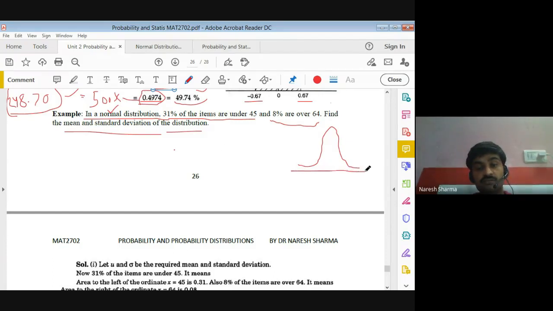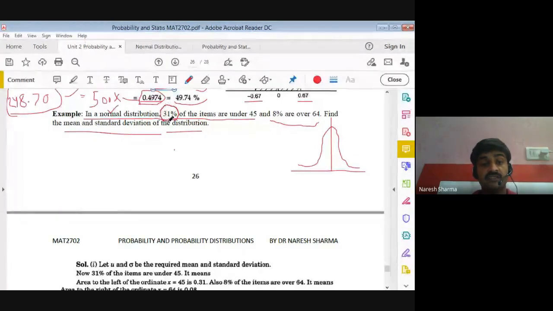So this is the shape of the normal distribution. Now when this value is less than 50%, give attention, when this percentage is less than 50%, because we know that each side has 50%, this is also 50%, this is also 50%. So if this value is less than 50%, like in this example, that is 31% of items are under 45.